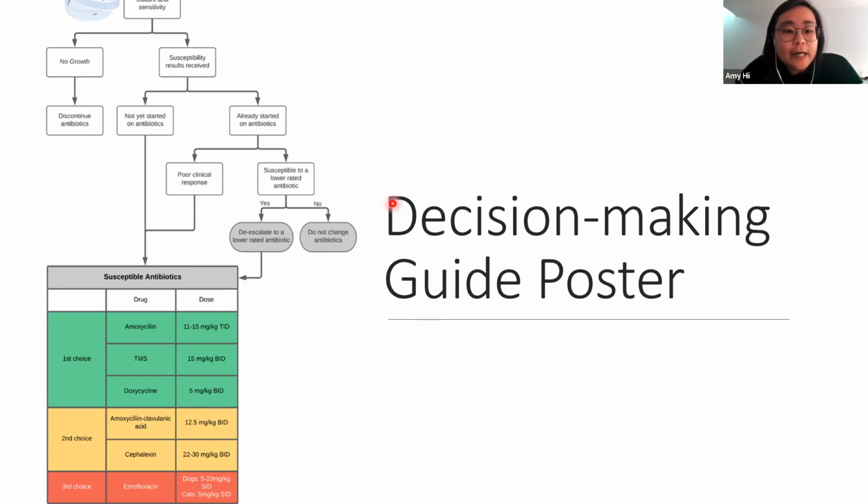If they are susceptible to a lower rated antibiotic than the empirical treatment they selected, then they should de-escalate. But if they're already susceptible to one of these three and they're making good progress, then they should not change the antibiotics.